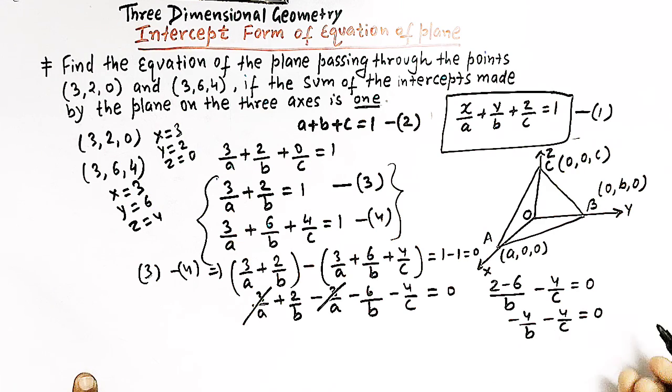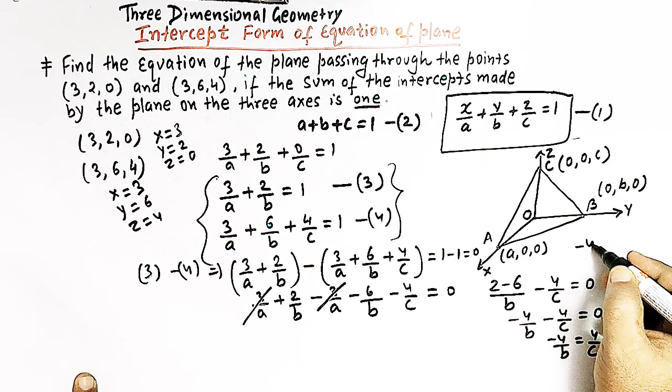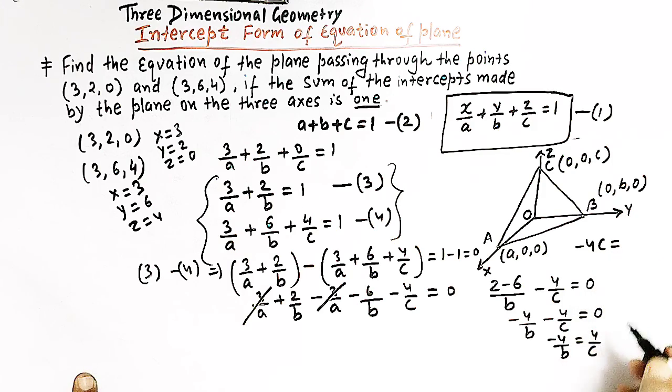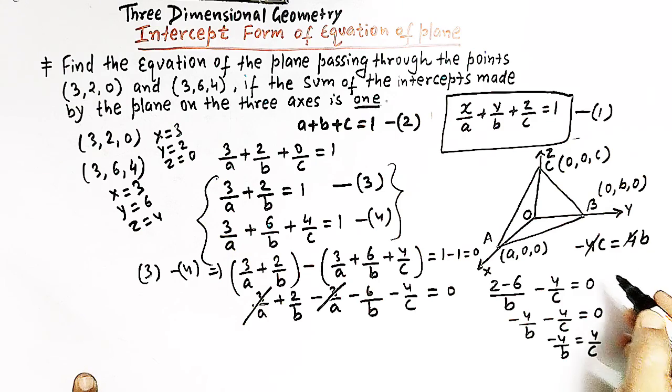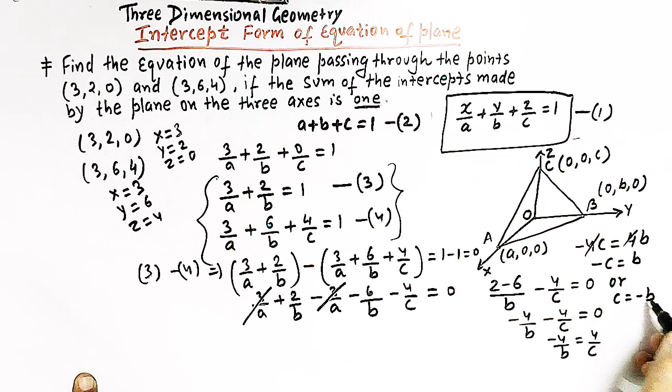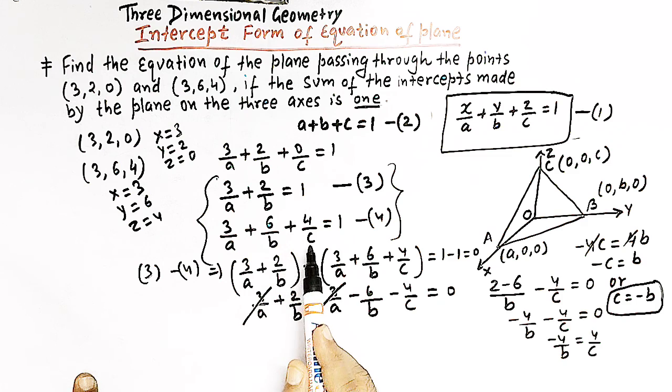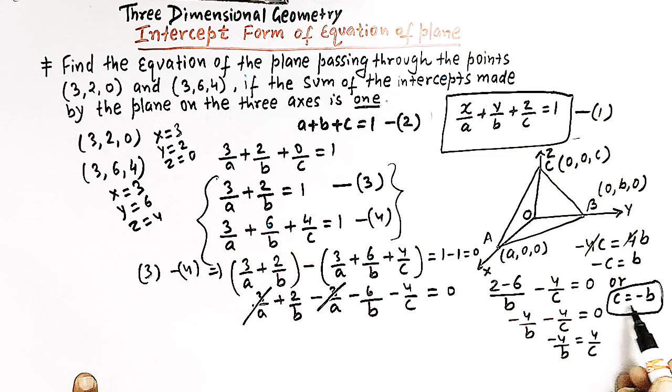So now taking this term to this side, we have minus 4 over b is equal to 4 over c, and taking cross multiplication here, minus 4c is equal to 4b, and here 4 and 4 get cancelled. We have minus c is equal to b, or we can take c is equal to minus b, right? So solving these two equations, we have obtained this condition, c is equal to minus b.